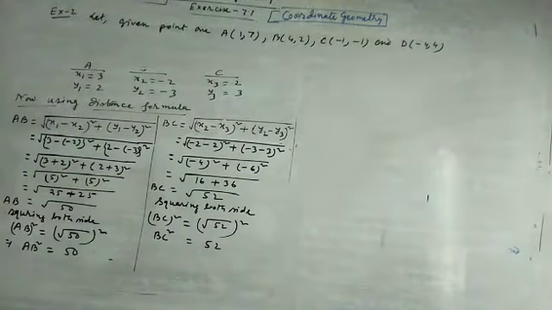So given points are A, B, C, D. Are these 4 points the vertices of a square or not?